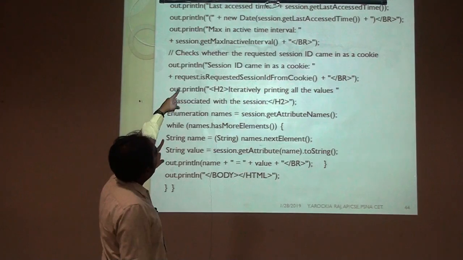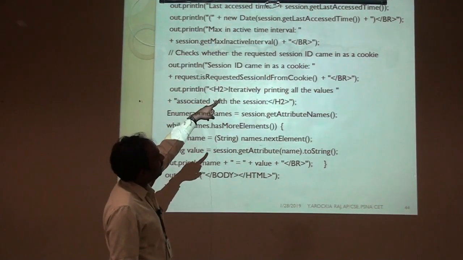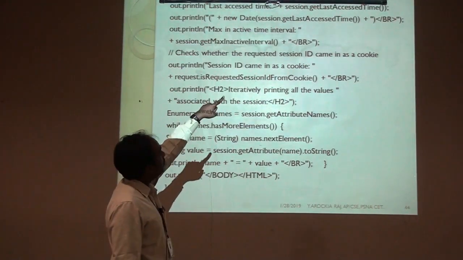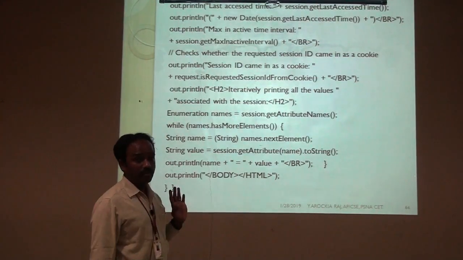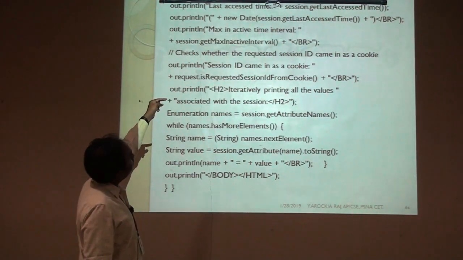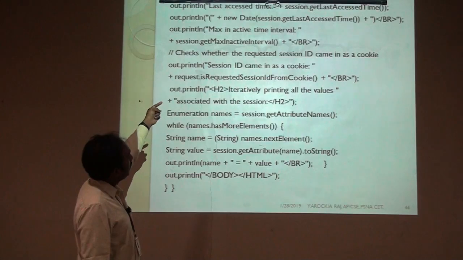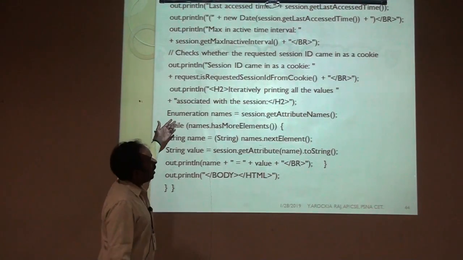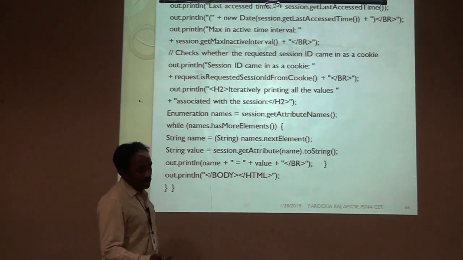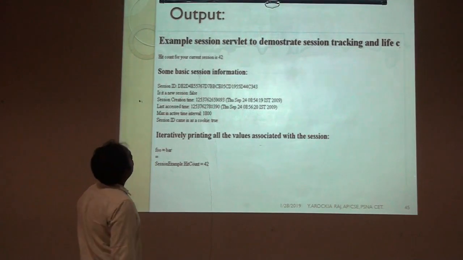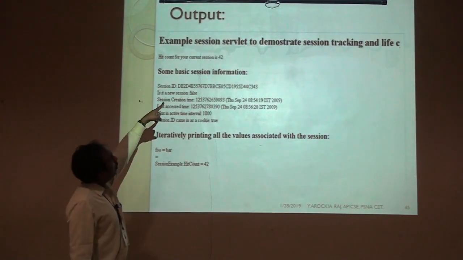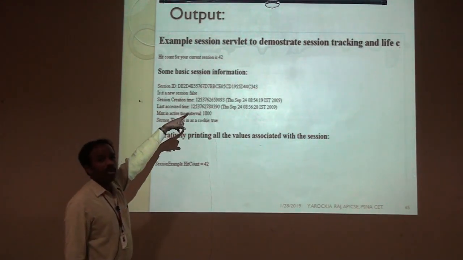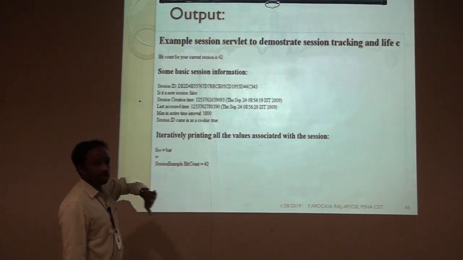See here, getLastAccessedTime is a method which is used to provide the last access time of a particular program, and then the last access date, interval, everything I can handle, right? So see the output. Here the hit count of your session is 42, so totally 42 times I executed this program.